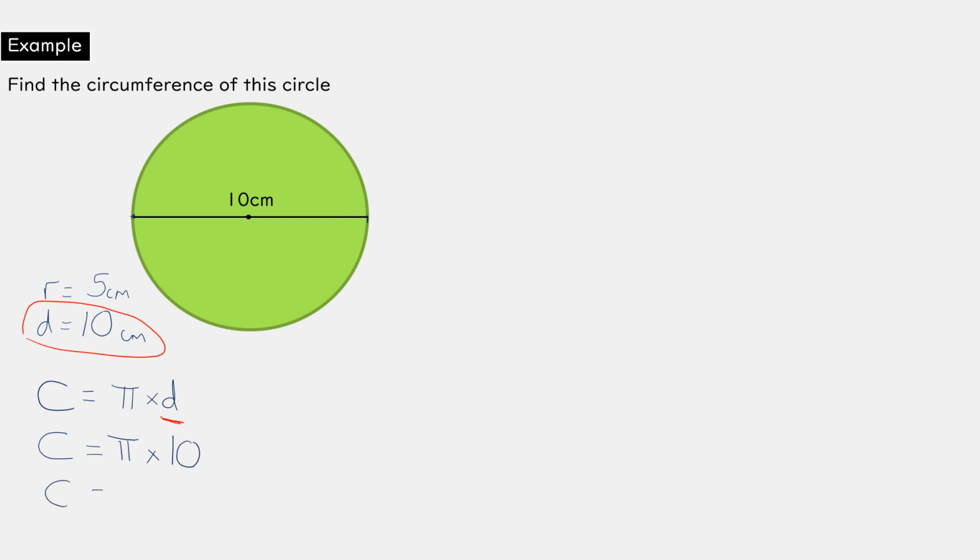At this point now we can plug it into our calculator. If you haven't got a calculator, and you're just going to use your phone, you can use pi to be 3.14. 3.14 times 10 is going to give us 31.4. And remember, the units are centimeters because it's a distance around the outside of the circle.